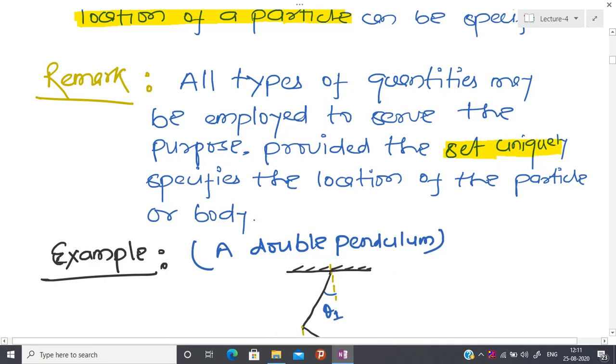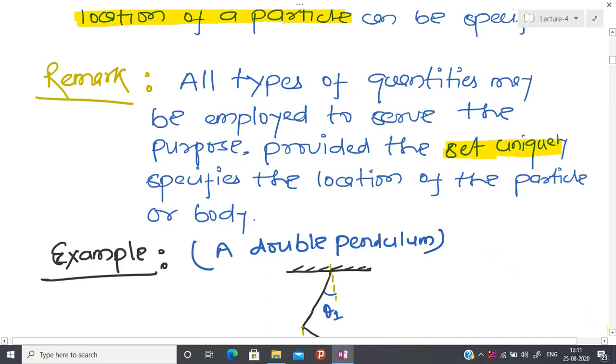If in some coordinate frame we are able to uniquely represent or specify the location of a particle, then that serves as a generalized coordinate system for the Lagrangian purpose.